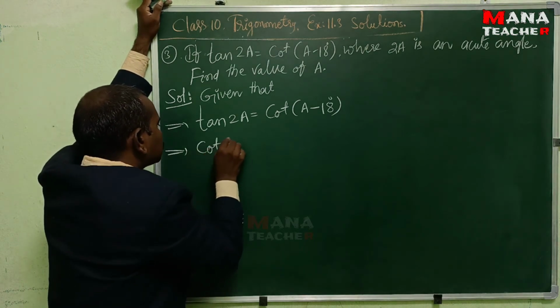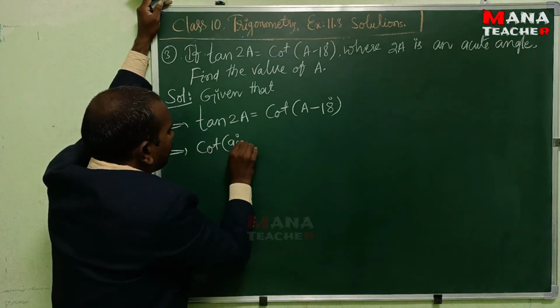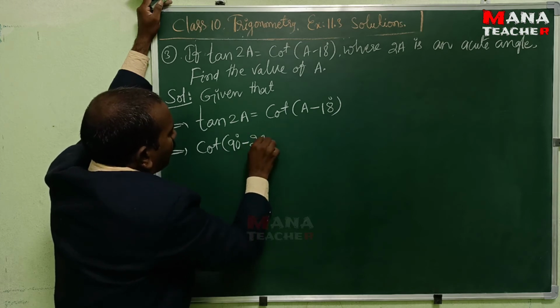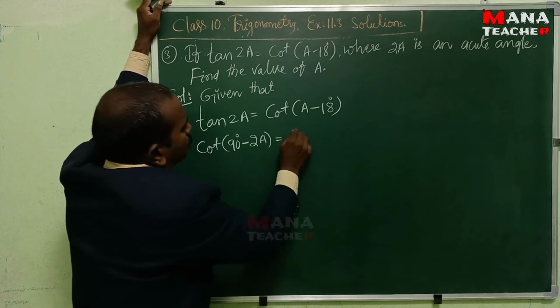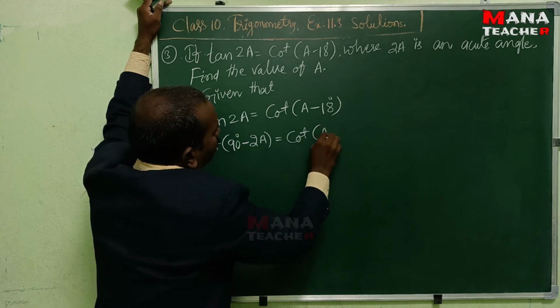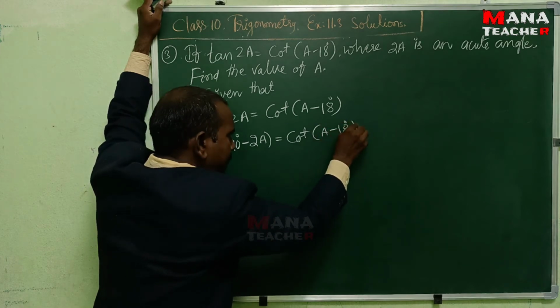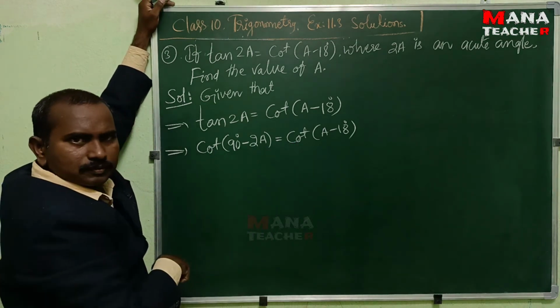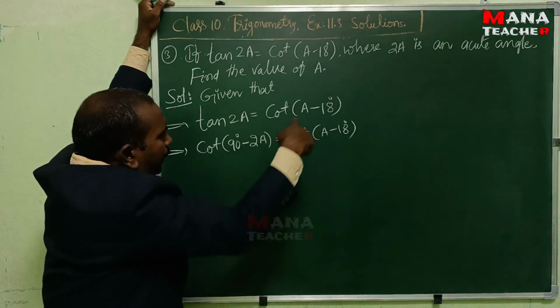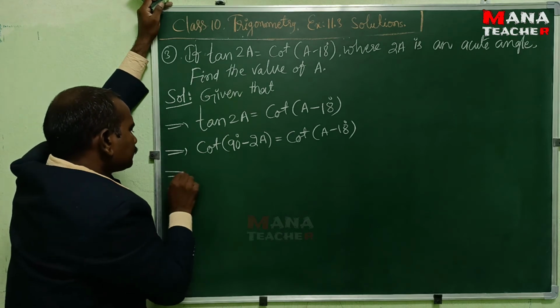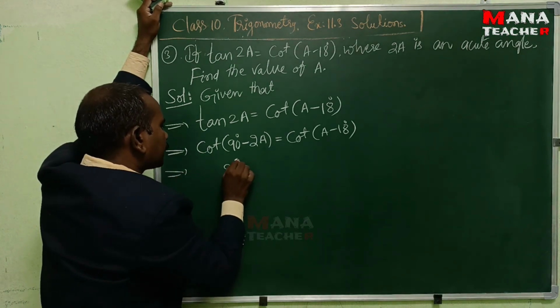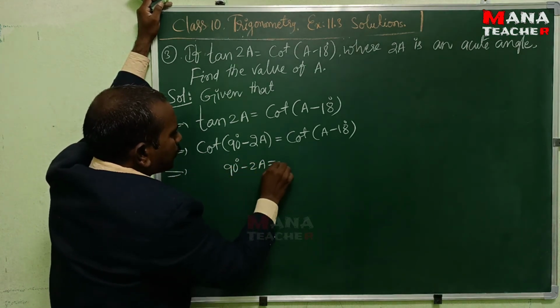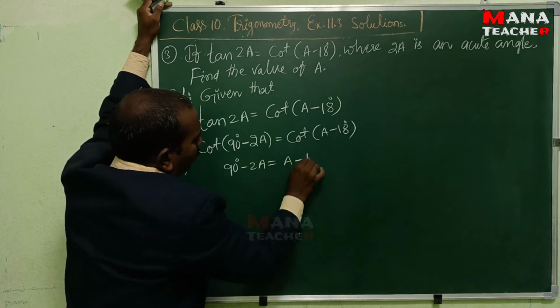Cot of 90 degree minus 2A equals cot of A minus 18 degree. Here both sides have cot ratio. Now compare angles. Here 90 degree minus 2A equals A minus 18 degree.